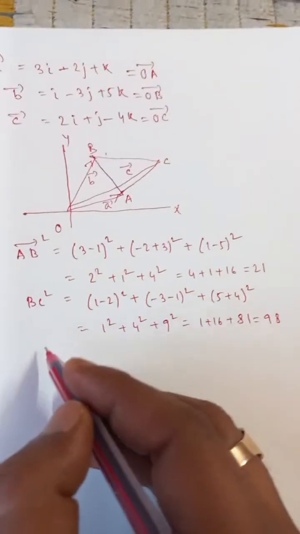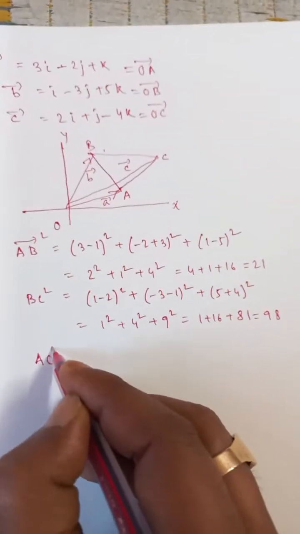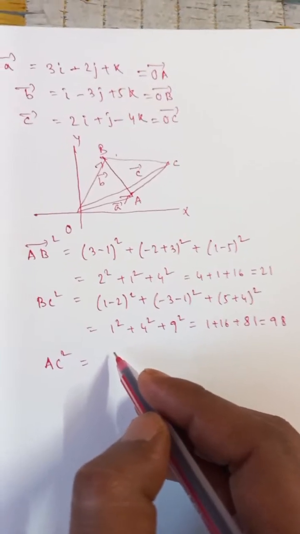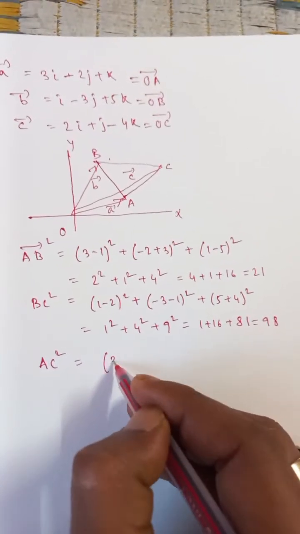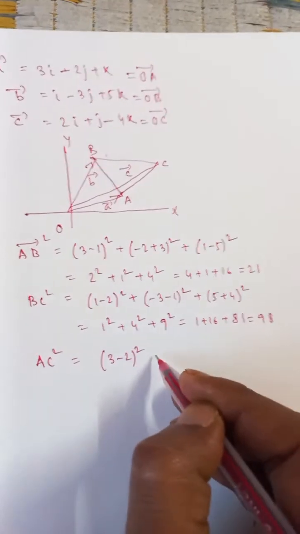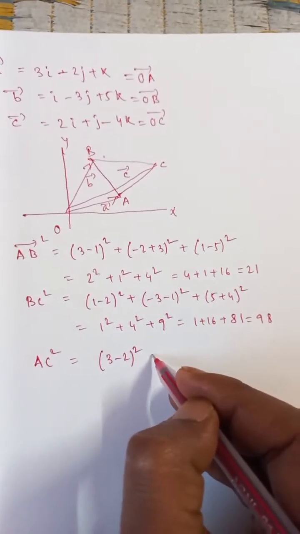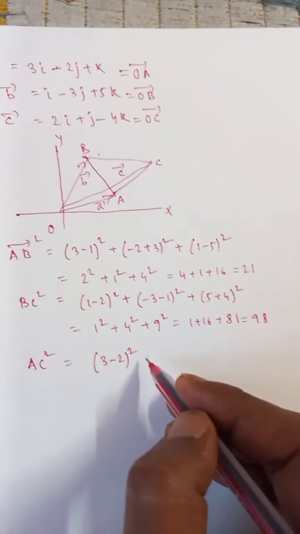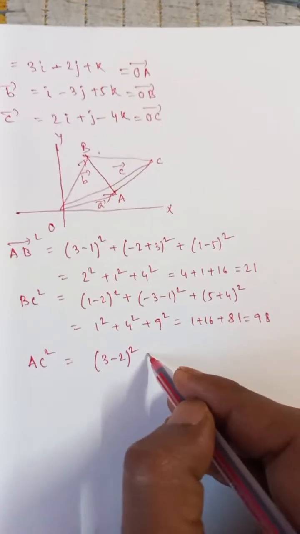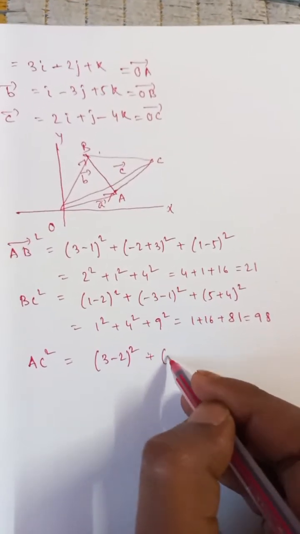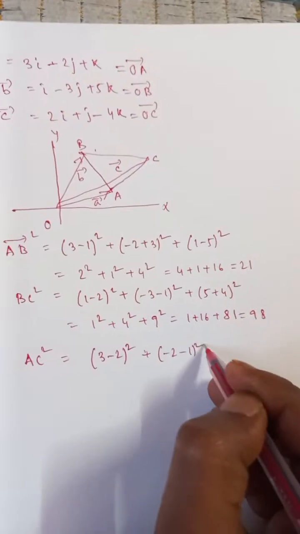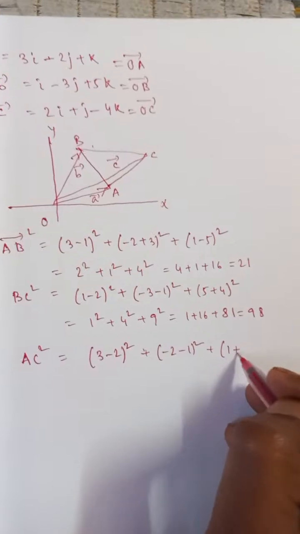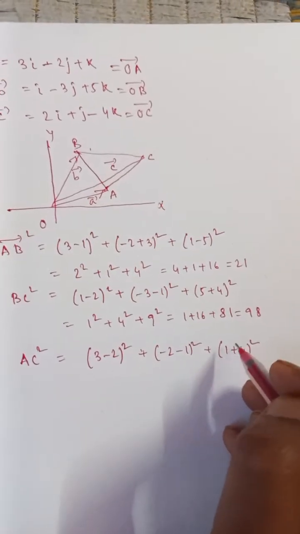AC vector is (3 minus 2) whole square plus (minus 2 minus 1) whole square plus (1 plus 4) whole square.